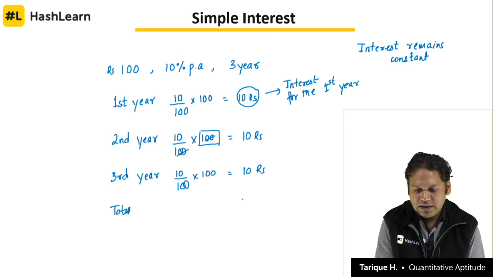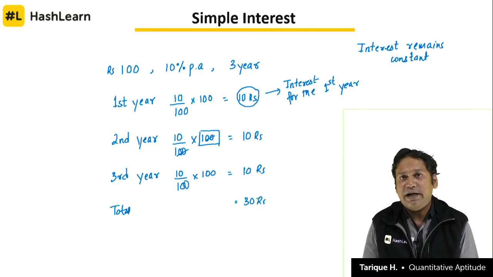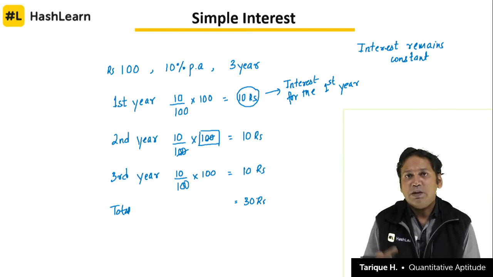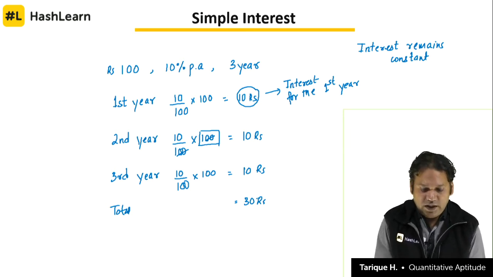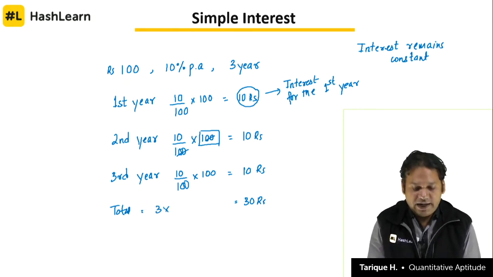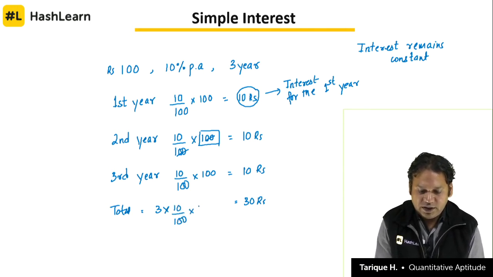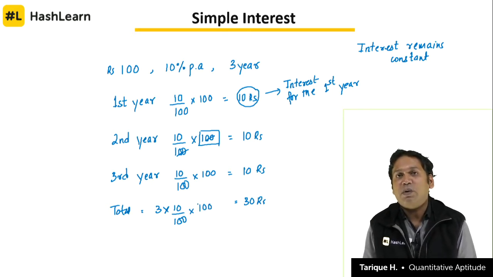Total interest is equal to 30 rupees: 10 rupees in the first year, 10 rupees in the second year, and 10 rupees in the third year. So what is the total interest? 30 rupees. So we can say this total interest is nothing but 3 times 10% of 100, because 10% of 100 is nothing but 10 rupees. 3 times 10% of 100 is equal to 30 rupees.